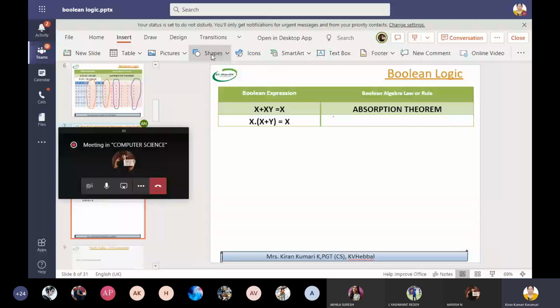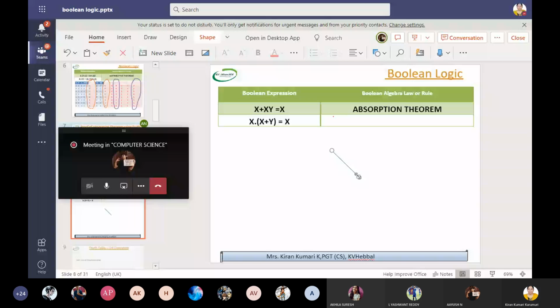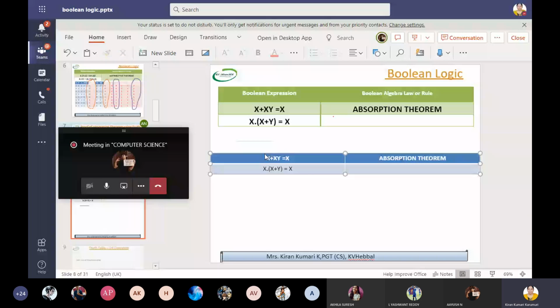We need one X variable and one Y. First let me take vertical lines.